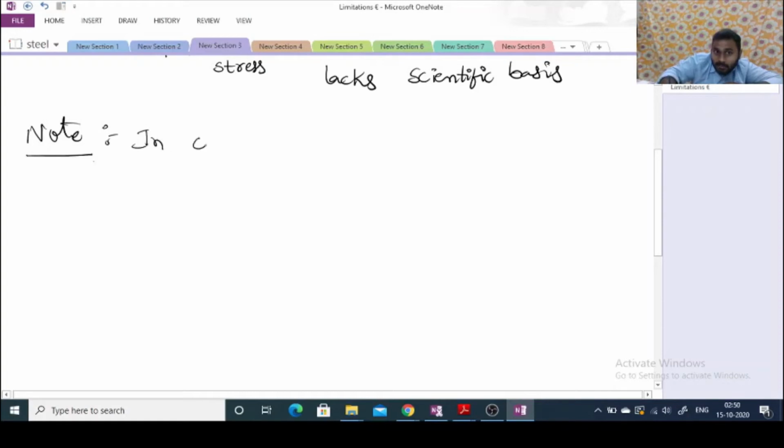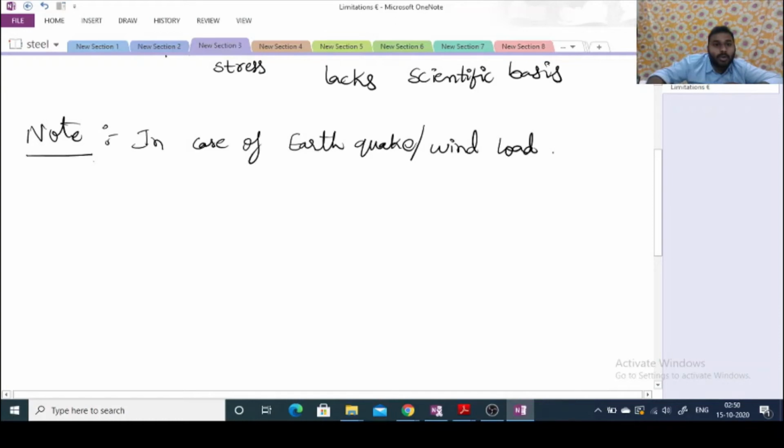In case of earthquake or wind load, permissible stresses are increased.